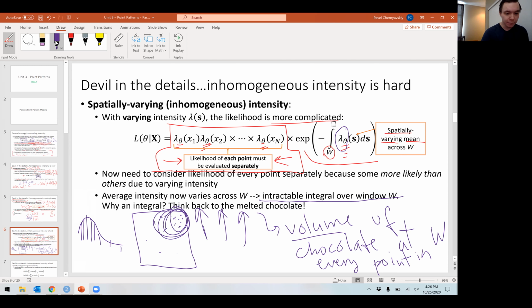The chocolate will be far lower over here, not as much chocolate. And that will be reflected by the volume of chocolate under our spatially varying intensity surface. So that's a non-mathematical heuristic to understand what we're doing. We're counting up the volume of melted chocolate, where the volume of melted chocolate gives us the estimate of our intensity. If you don't know what I'm talking about, watch the last lecture.